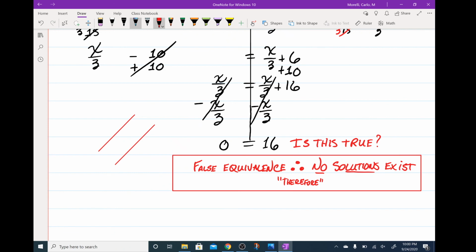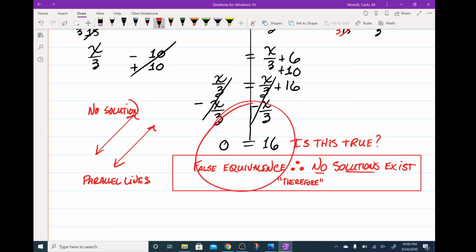Okay, so we know that parallel lines never intersect, and so only parallel lines will have no solution. No solution. Okay, parallel lines. But that's kind of looking ahead to when we're graphing. Just keep that in mind. These lines never cross, therefore there's no solution. And that's why you get something like this.